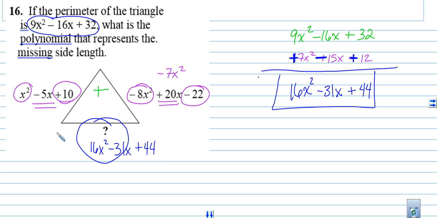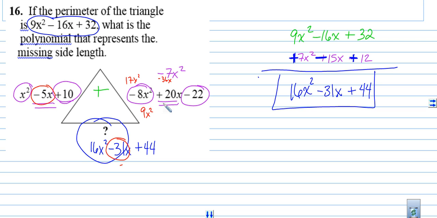Okay, so you do your like terms, and when we add all these up, it should equal 9x squared. X squared plus 16x squared is 17x squared. 17x squared minus 8x squared is 9x squared. Yay, that's what we wanted. Negative 5 minus 31 is negative 36x.